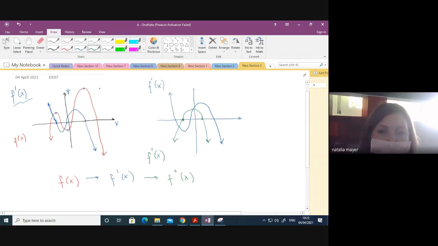So let me do the following. For example, let's take a point here, point A. Okay. So this point, let it be on the interval.